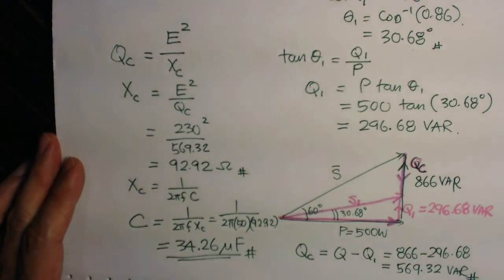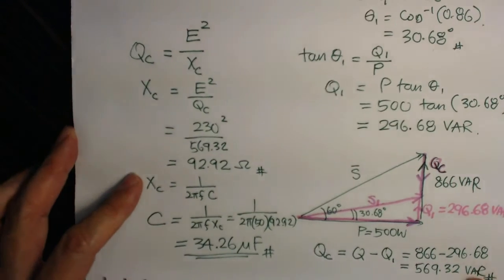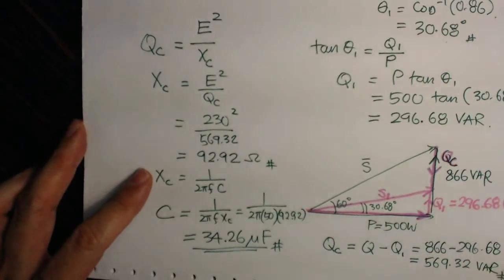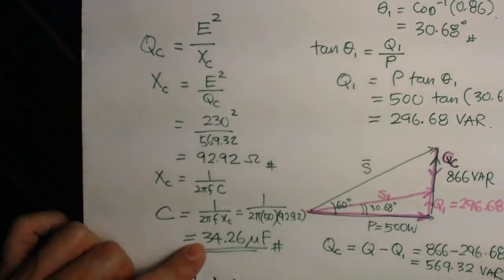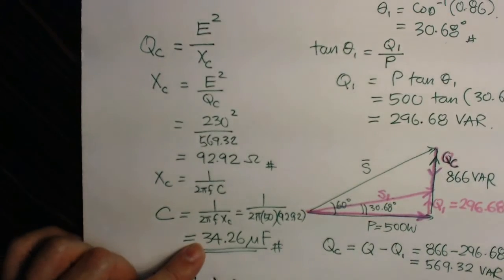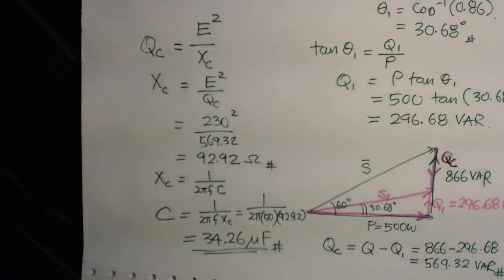Alright, so that's for part 2. One last part we need to do is to calculate the new current. Right now I have this new capacitor. What's the current? Now the effect of improving power factor basically does two things to us.